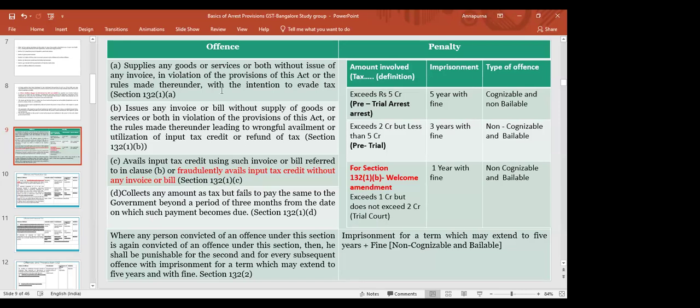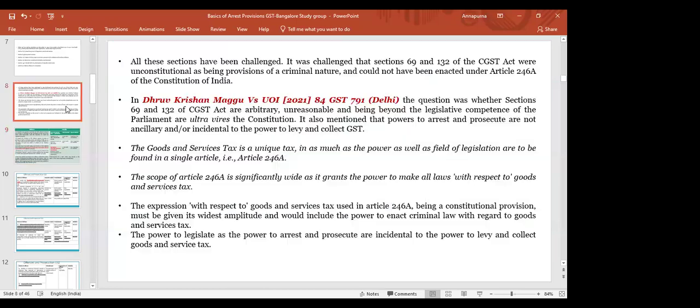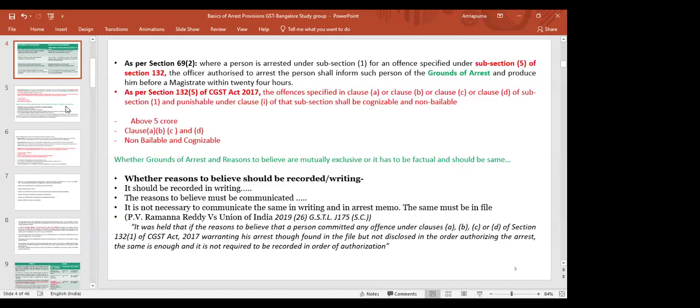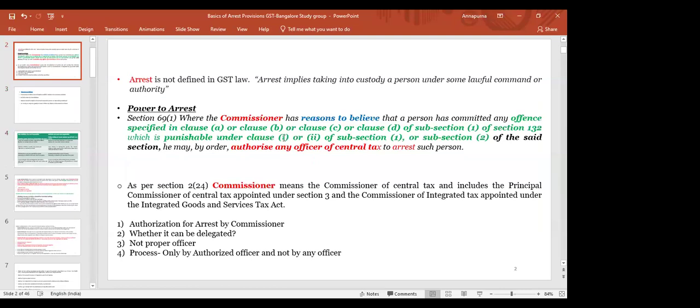So these are the four offenses which are covered under 69(1) of the GST Act. So this is what they have referred to here: clause (a), clause (b), clause (c) and clause (d) of section 132(1).